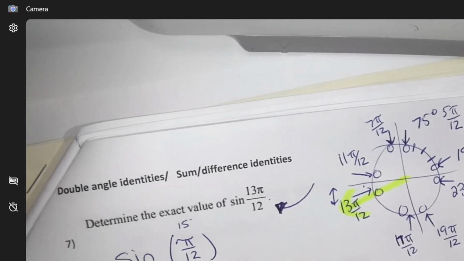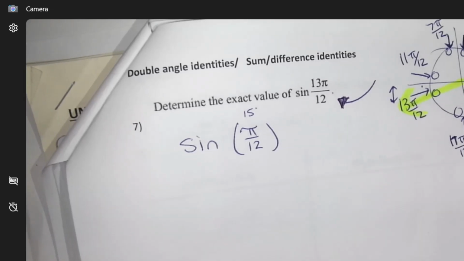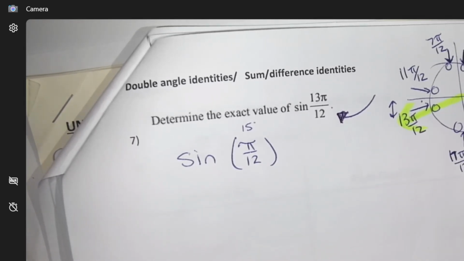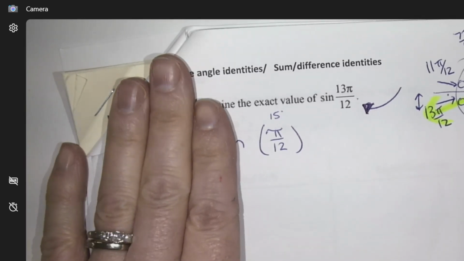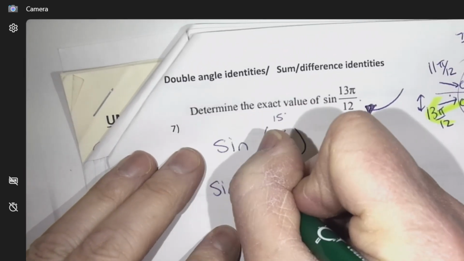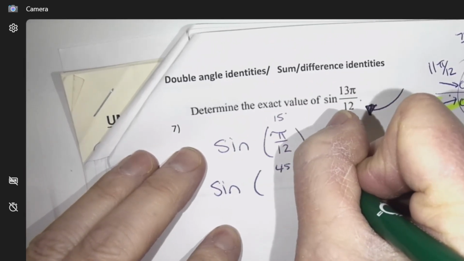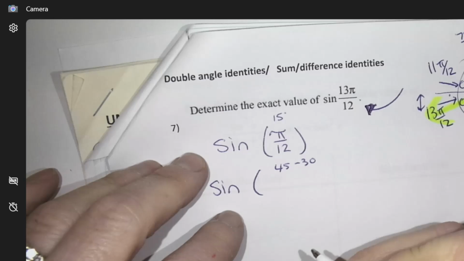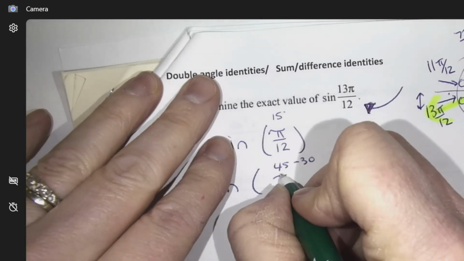So I'm going to be doing the sine of 15 degrees, but I just wrote it with a radian value. So we can't just do the sine of 15. It doesn't exist. What could we use to make a 15? 45 and 30. So I would have to do 45 minus 30. So I'm just going to write these as radians though.